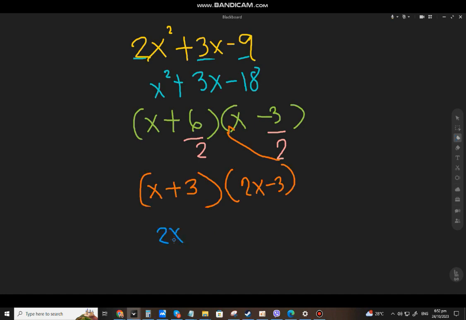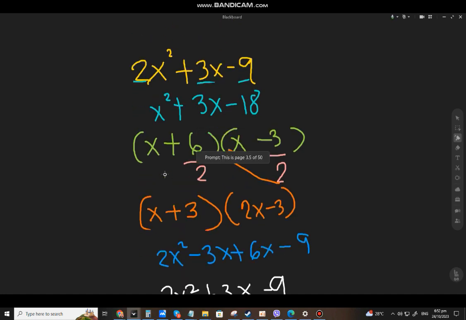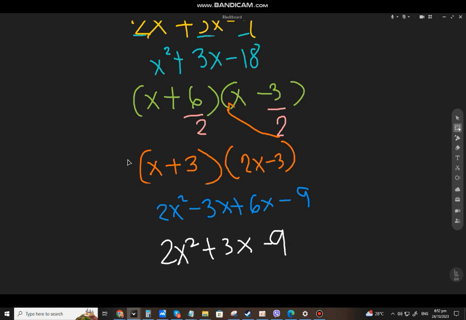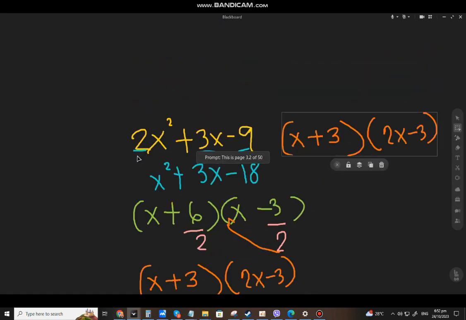It will be 2x squared minus 3x plus 6x minus 9. Okay, and simplify it further: 2x squared plus 3x minus 9. Yes, we got the correct factored form. So this one is the factored form of 2x squared plus 3x minus 9.